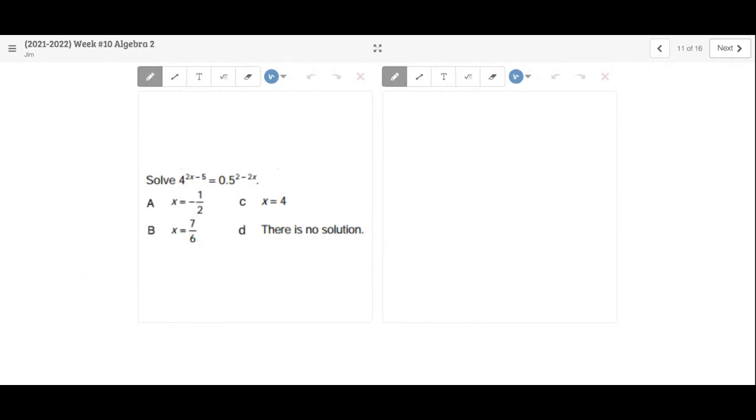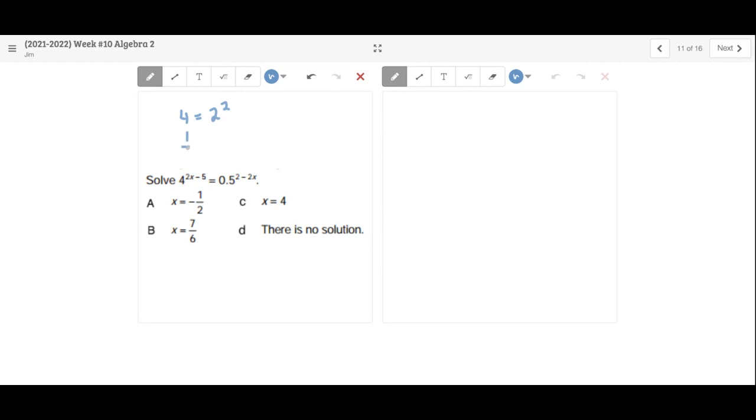All right. So, can you get a common base here? And let's say you couldn't. Probably you could. You can, because I could rewrite both of these with a base of 2 again. Isn't 4 the same thing as 2 squared?